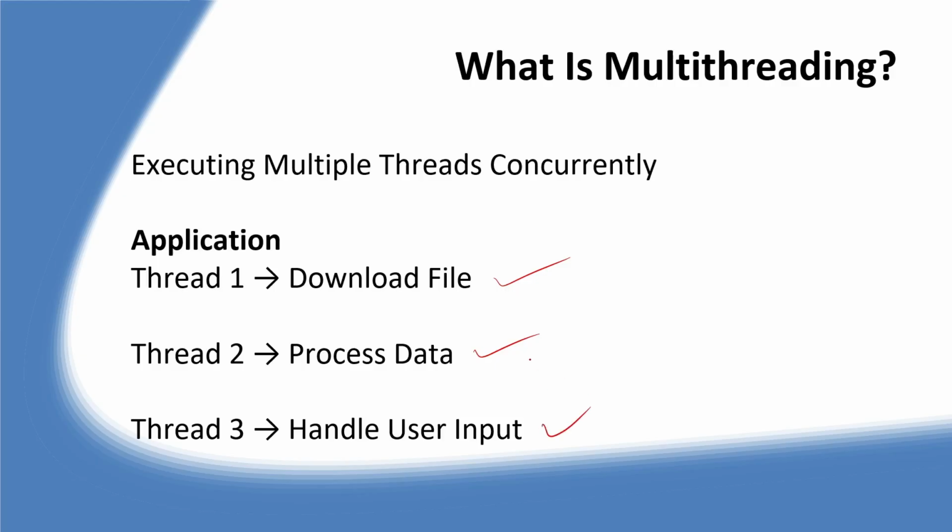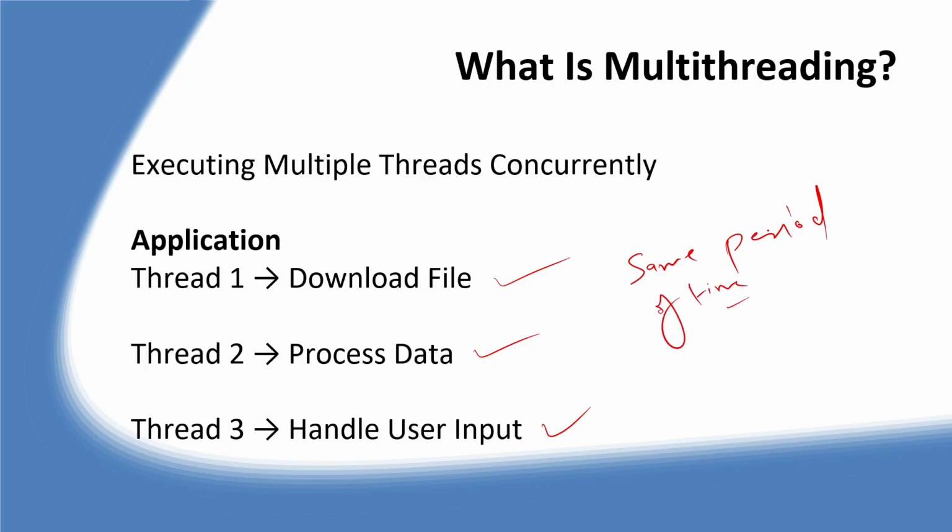Instead of forcing every task to wait for the previous task to complete, multiple tasks can make progress during the same period of time. So all three tasks can be completed during the same period of time.